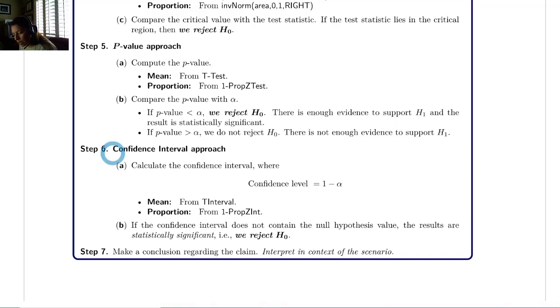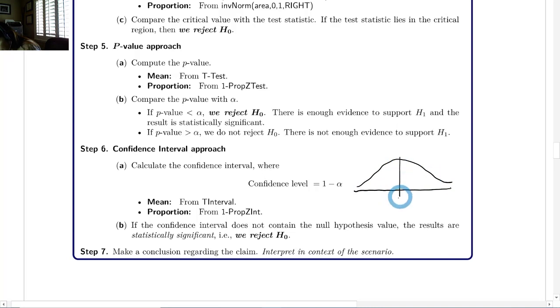And then the last one is the confidence interval approach, where recall that the confidence interval estimates the population parameter, right? We had this margin of error, and we had a lower bound and upper bound. And really the area in here is alpha over 2. Remember, we had to split it.